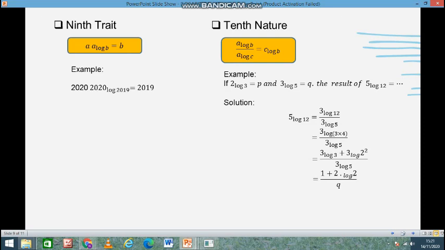Equals 3 log 3 plus 3 log 2 to the power of 2 divided by 3 log 5 equals 1 plus 2 times 3 log 2 divided by q, based on the 7th property.